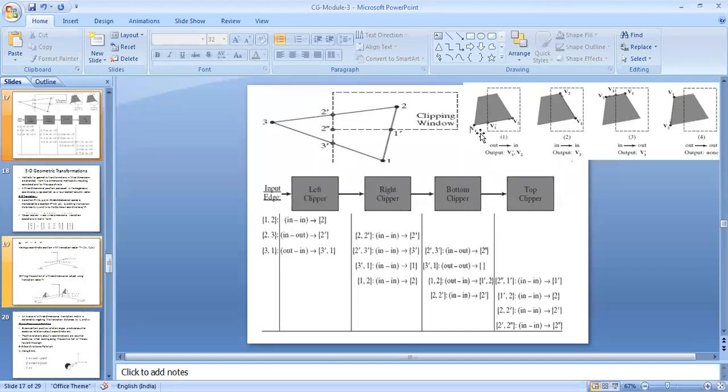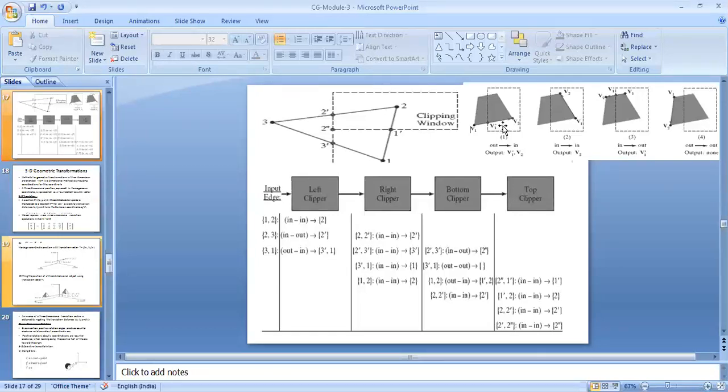Agree? So if this is v1, this is v2, and the intersection point is v1 dash, this is the edge where my edge is moving from outside of the clipping window to the inside. That means I am moving from out to in.